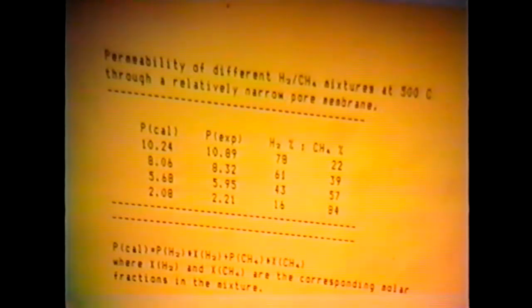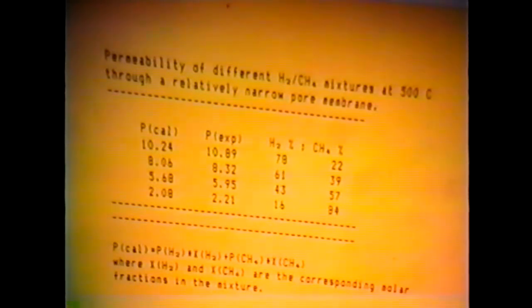And the calculated one is, here is the equation, the partial pressure of hydrogen times the corresponding molar fraction of hydrogen plus the relevant term for methane. So there is no fouling by the methane.